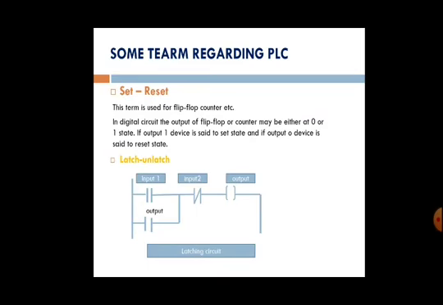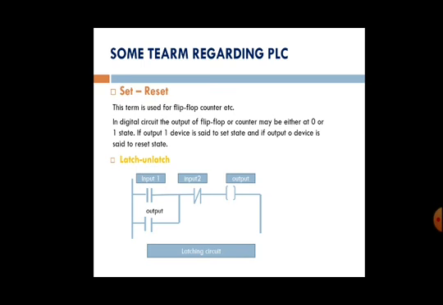And if the output is in the 0 state, the device is said to be in the reset state. In digital counters, the counter is reset by applying a reset pulse before starting the counting. That means the outputs of all the flip-flops are brought to the reset state. So this is all about set and reset.